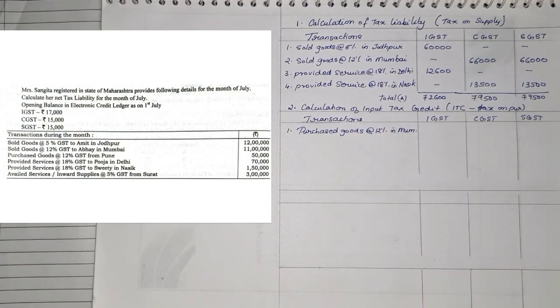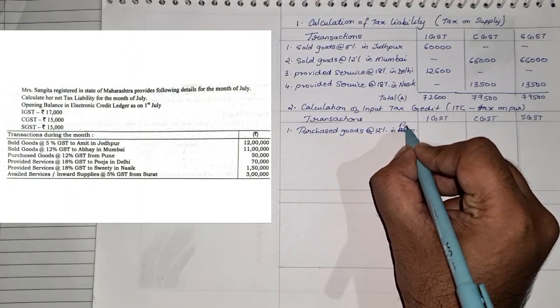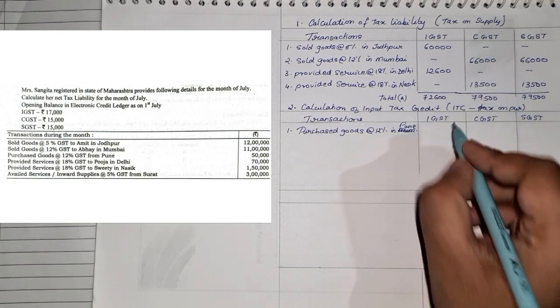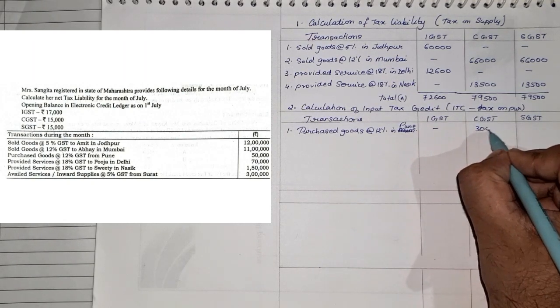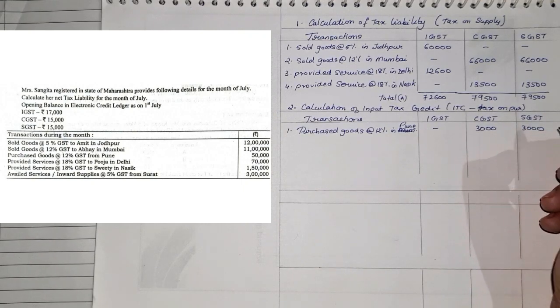Sorry, it is purchase goods of 12% from Pune, it's not Mumbai, it's Pune. Pune, Maharashtra, same state, so whatever will be the tax, it will be split in two parts. It was 50,000. So 12% of 50,000, but we'll take 6% because we have to split in two parts. So it will be 3,000 each. 3,000 will go in CGST and the remaining 3,000 will go in SGST.